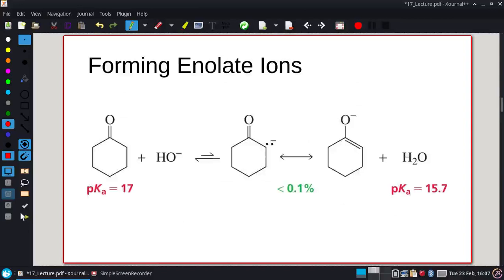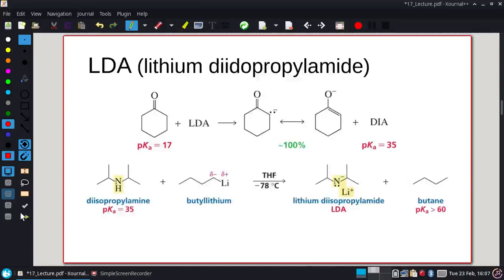All right, the next thing we're going to look at is purposely forming something called an enolate ion just for the sake of doing substitutions. Because if we put that excess OH in there and rip that off, we've made something that's very nucleophilic, and the resonance structures will stabilize it. That gives us the advantage of actually treating it like a nucleophile. What we can also do to make it a little bit easier is use this stuff called LDA.